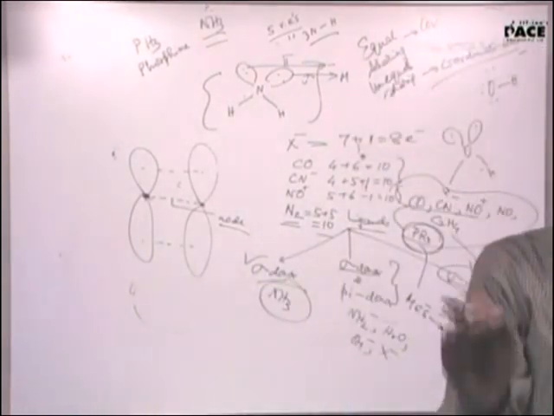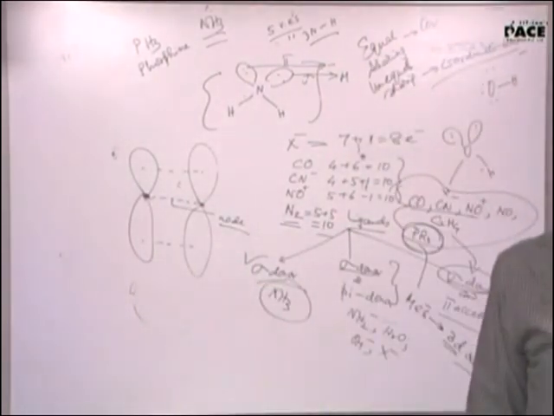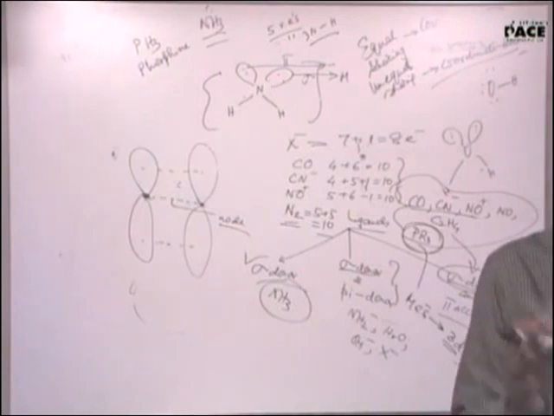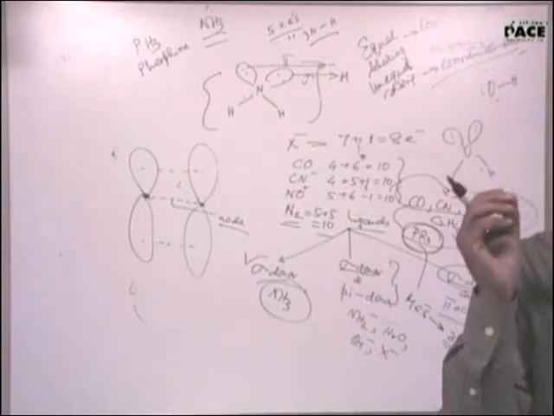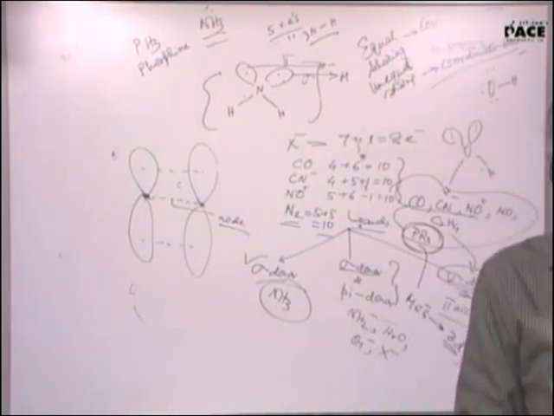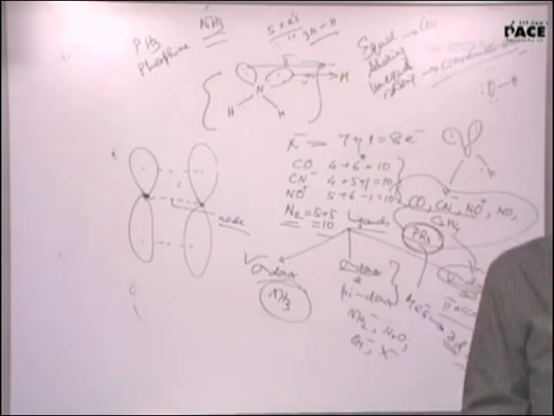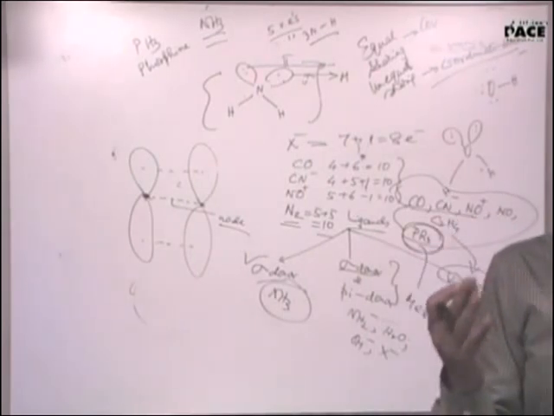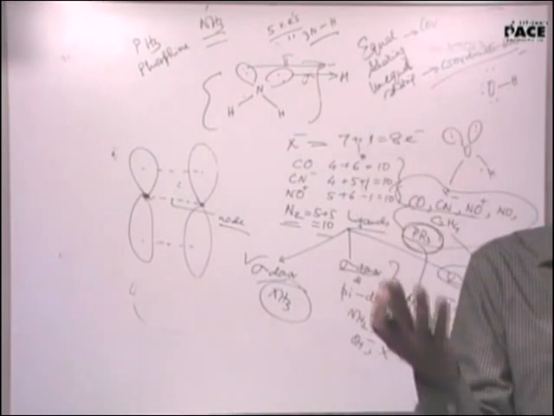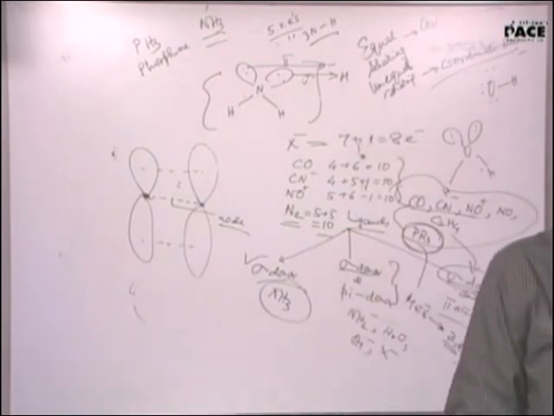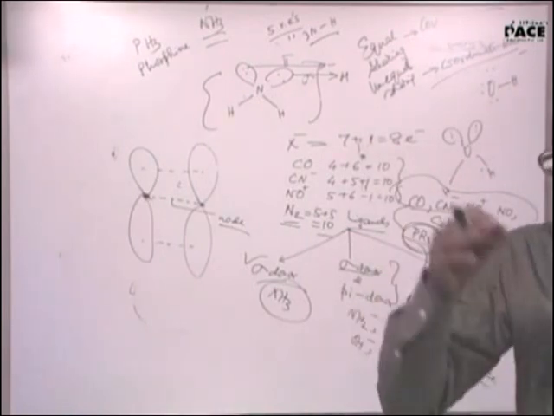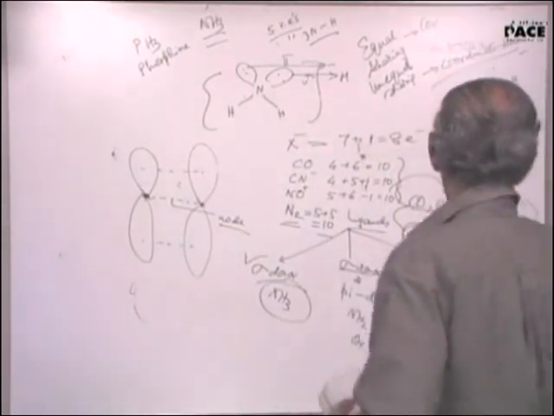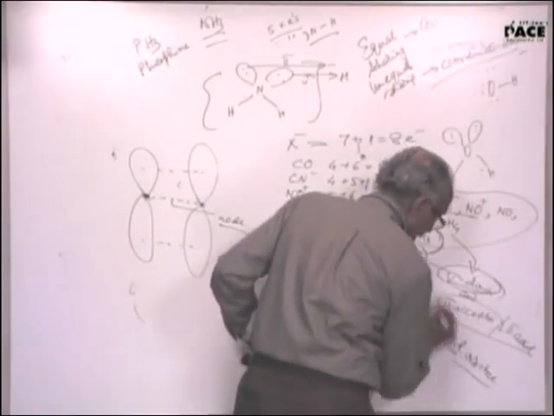In place of a nitrogen, you have phosphorus. It is called phosphine. When the hydrogen is replaced by the alkyl group, it's alkyl phosphine. When it is replaced by the aryl group, it is aryl phosphine. Both will be pi acceptor ligands.